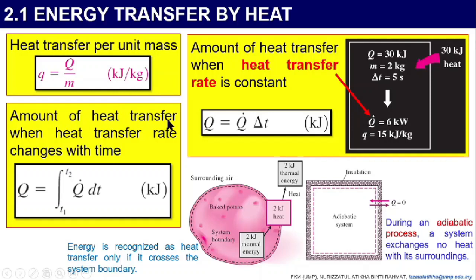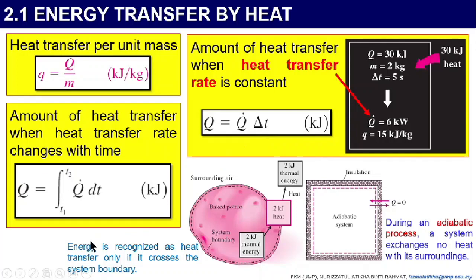Then, the amount of heat transfer when the heat transfer rate changes with time: here Q dot equals the heat transfer rate, times dt, integrated between t1 and t2. The symbol is uppercase Q, and the unit is kilojoule. And then the heat transfer Q equals Q dot times delta t.